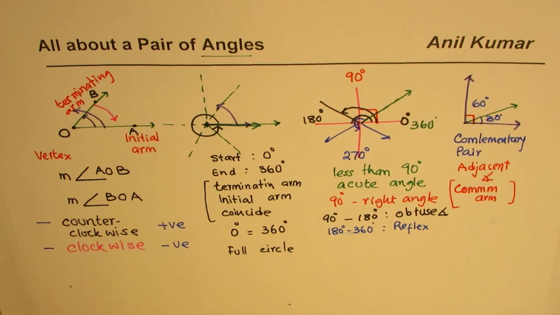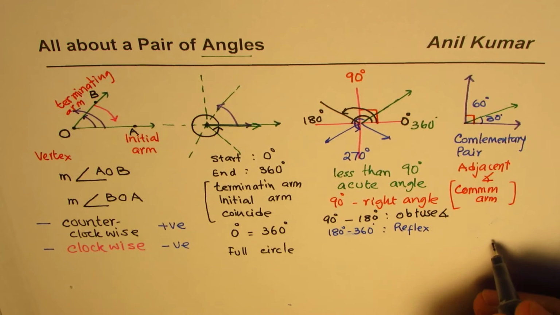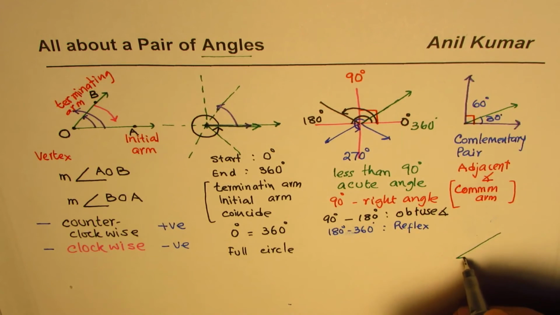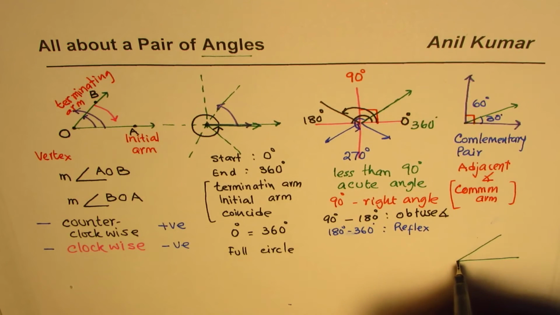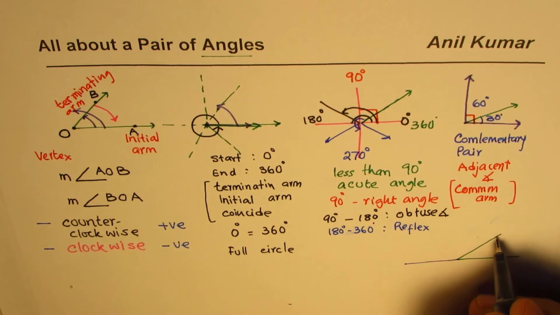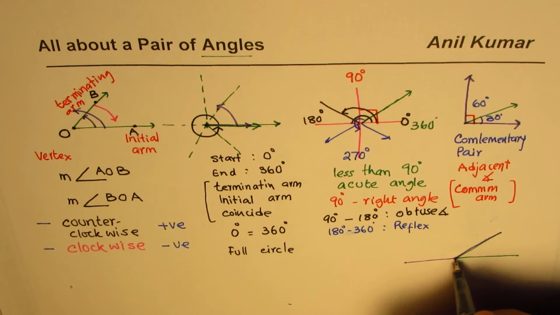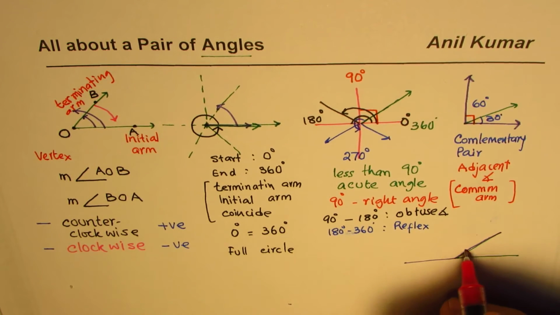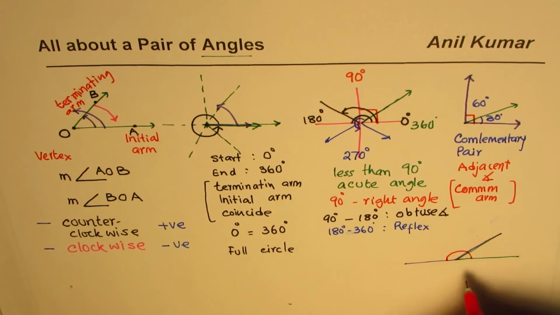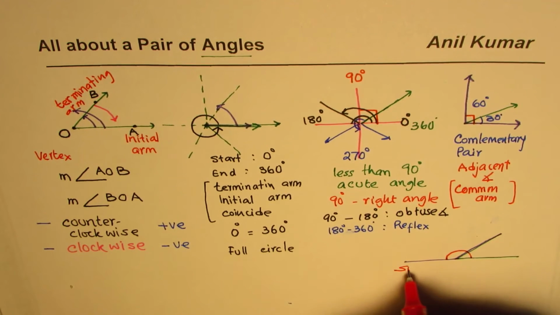Now there could be situations where, when you put two angles side by side, you may actually land up with a straight line. If I put them side by side and you land up in this position where this is a straight line, in that case, we call them supplementary angles.